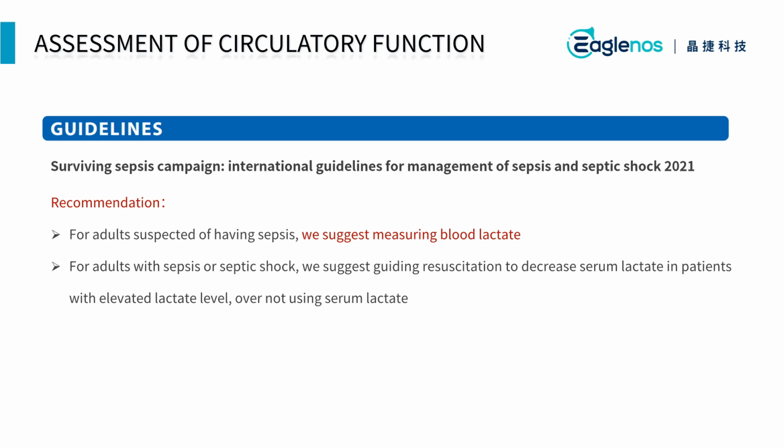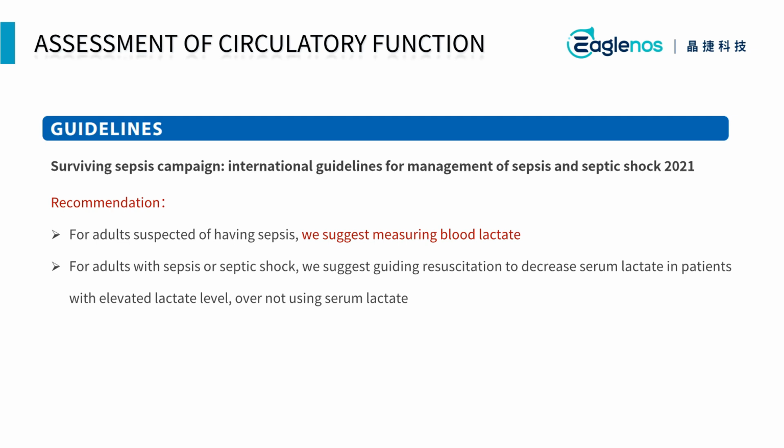Monitoring lactate levels helps clinicians assess whether interventions such as fluid resuscitation, vasopressors, or other treatments are improving tissue perfusion and oxygen delivery. Why is this important? Elevated lactate levels reflect the body's inability to meet tissue oxygen demand, which is often seen in the early stages of shock or severe infection.